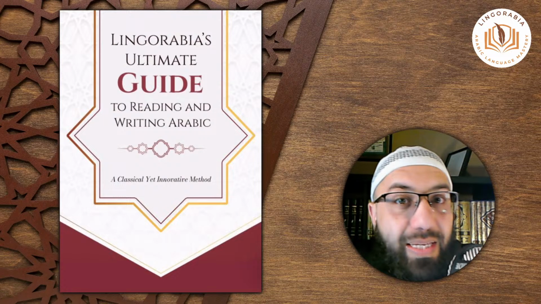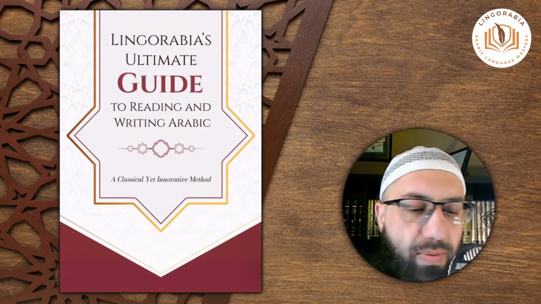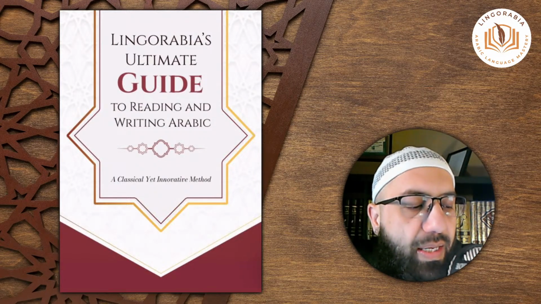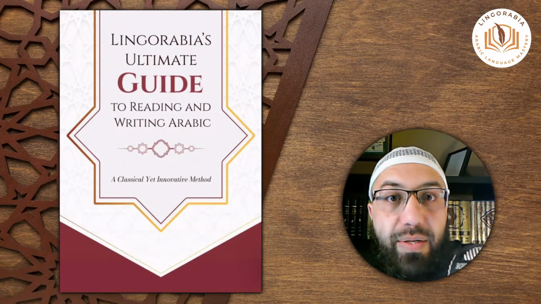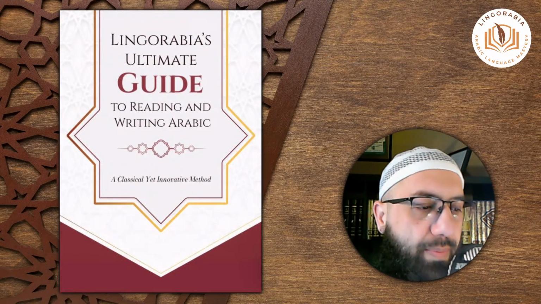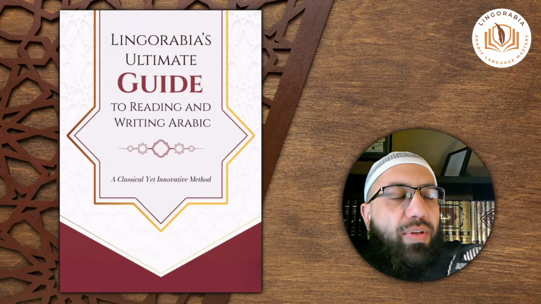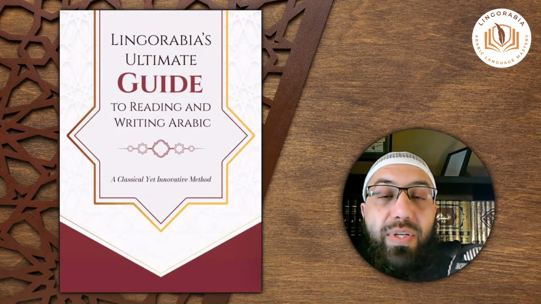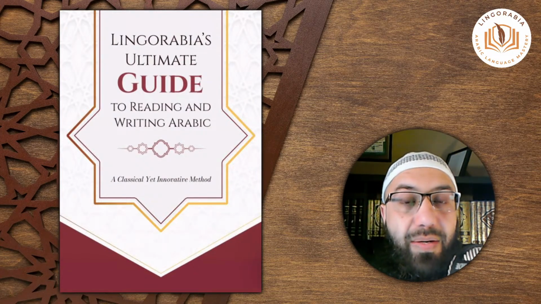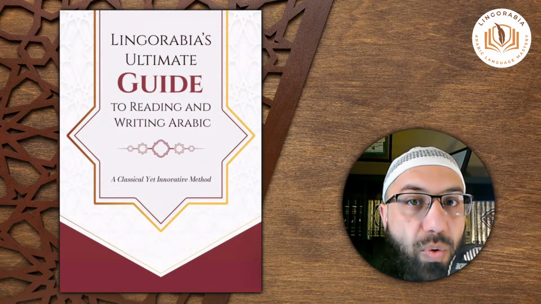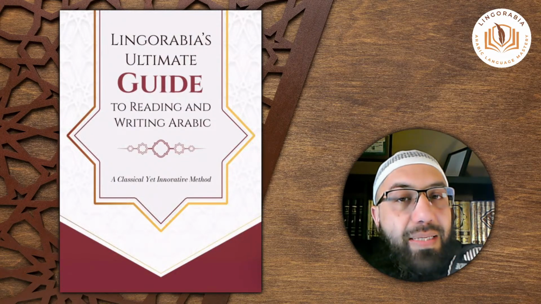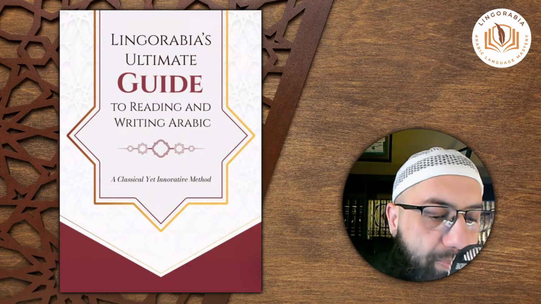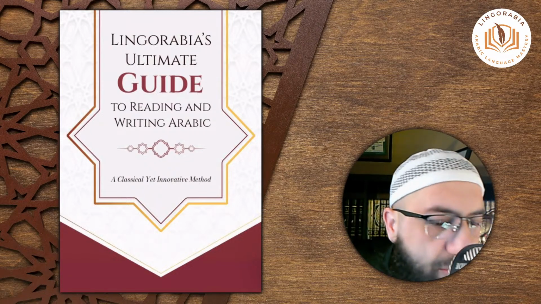Ta with the fatha, you say ta, etc. And we have seen that it doesn't matter where you put the letters, their sounds stay the same. So if you have a letter in the beginning with a fatha, it will sound the same as another letter in the middle of the word with a fatha, and both of them will sound the same as the ba at the end with the fatha. So I hope this was clear, inshallah ta'ala.